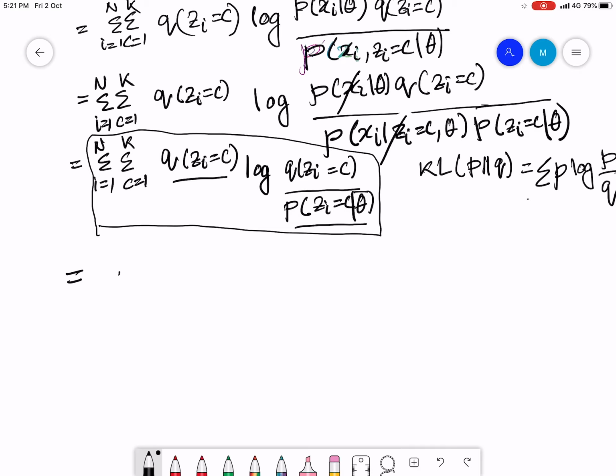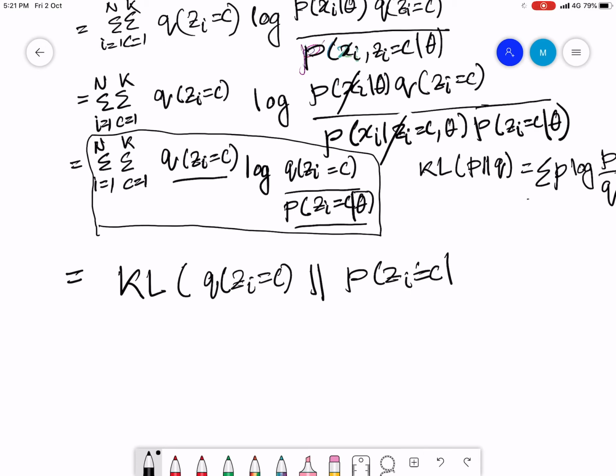So this quantity is nothing but the KL divergence between q(z_i equals c) and p(z_i equals c given theta).